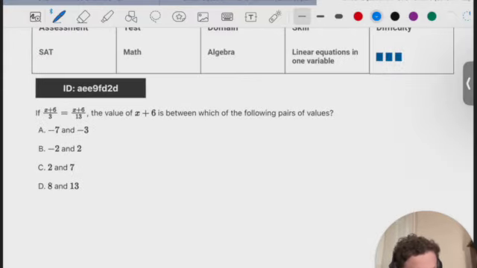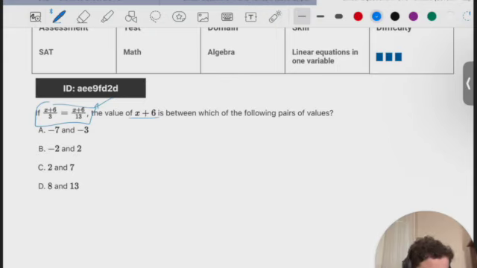3 more questions. If this is true, the value of x plus 6 is between which of the 2 following pairs? Let's just see if we can figure out what x equals. I think we could do that in a solver.